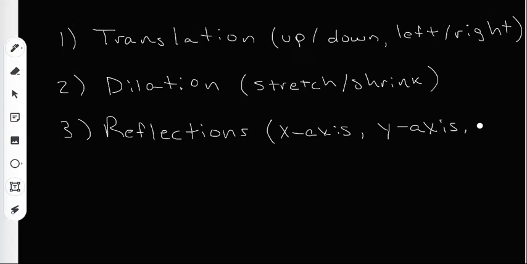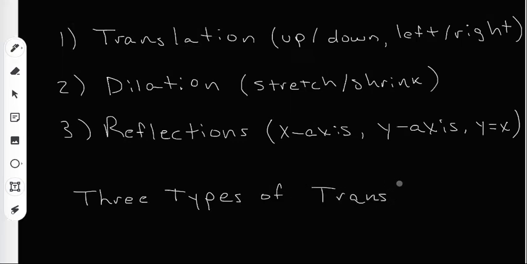And sometimes you can reflect something over y equals x if you're trying to find the inverse of a function. Okay, so those are the three types of transformations that you'll see. So there are three types of transformations we're going to be looking at today.